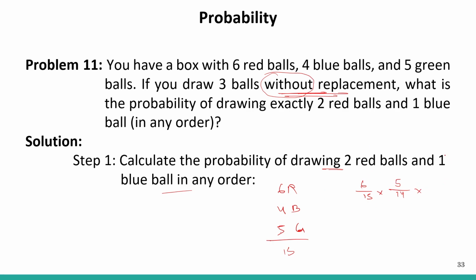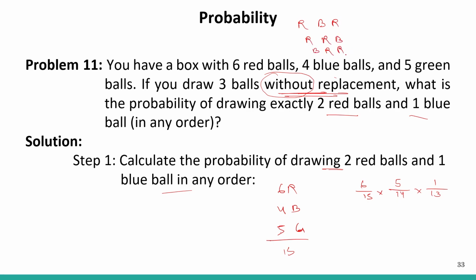So then we have drawn 2 balls. We want to draw another ball, that is a blue ball. We can draw it this way: the number of total remaining outcomes is 13, and the favorable outcome is this one. Since all we want to know is 2 red balls and 1 blue ball in any order, the total possibilities of order are red, red, blue; red, blue, red; or blue, red, red.